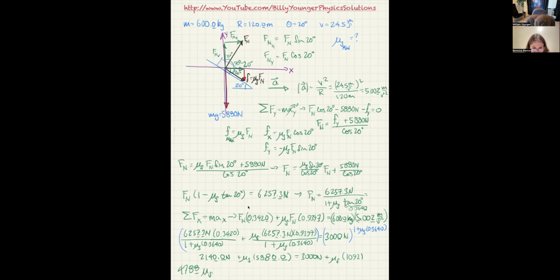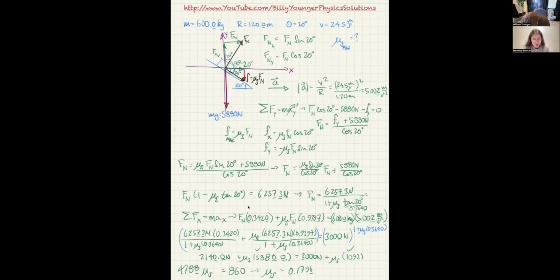That is all equal to 3000 minus 2140, which gives me 860. Therefore, mu sub s should be 860 divided by 4788, and that gives me 0.1796, which is again way too many sig figs. But the main thing is you should probably have something like 0.18 or 0.2.